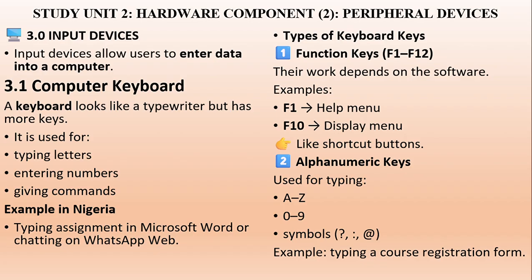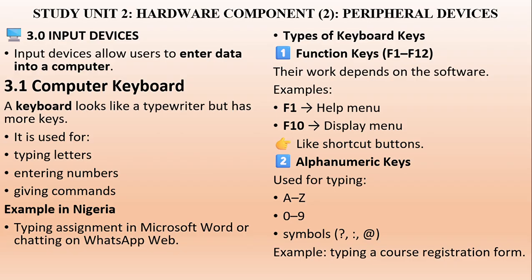So what is an input device? Let's look at the input device first. We are talking about the peripheral devices, and they help the computer to receive information. Just two important things we are taking here: receive information, and the second part is to show results. So when a computer receives information, there are some particular parts of the computer behind that, and that is what we want to look at.